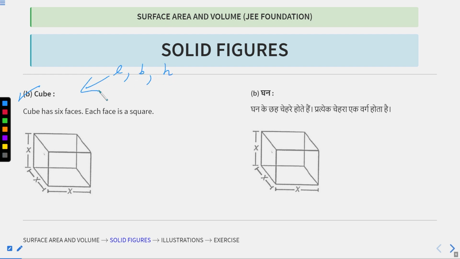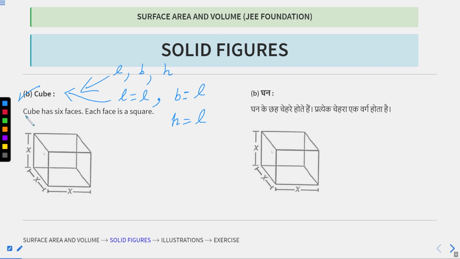And in a cube, length equals breadth, and breadth also equals length, and height is also equal to length. If all of the sides of a cuboid are equal to each other, then we call it a cube.